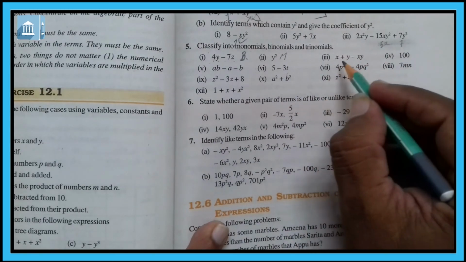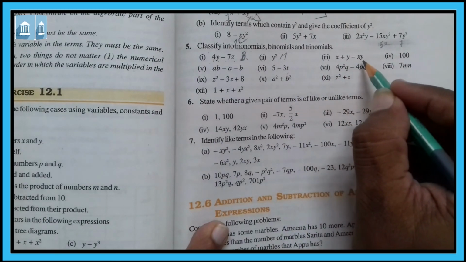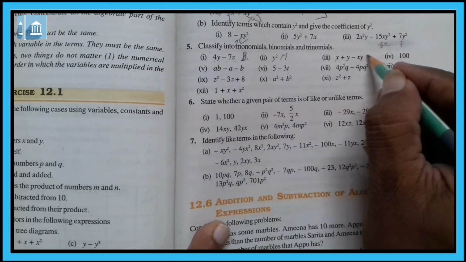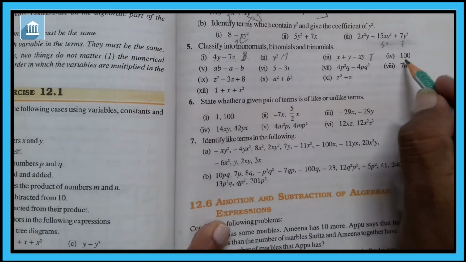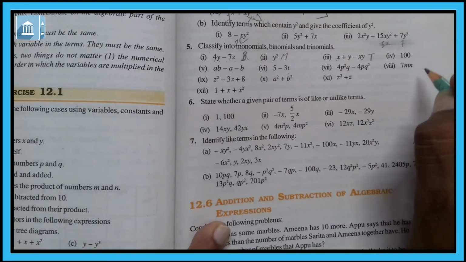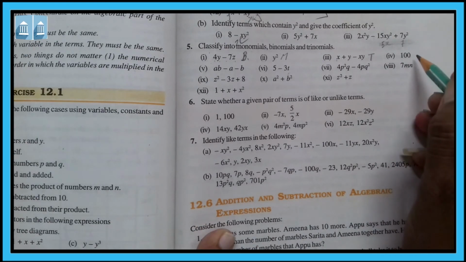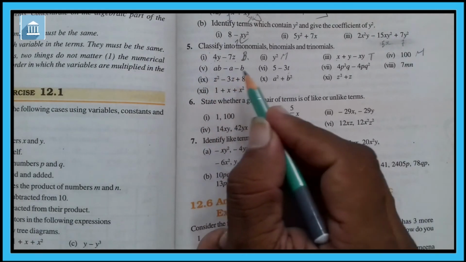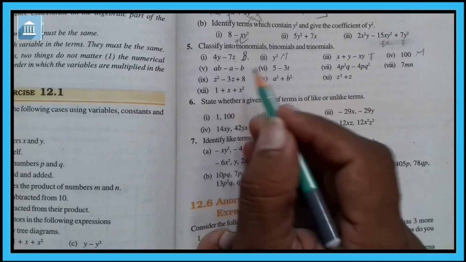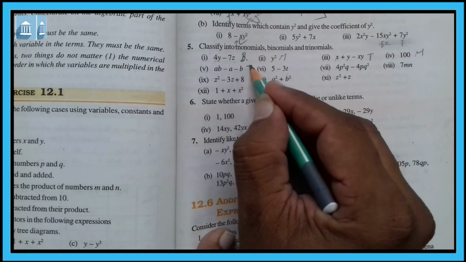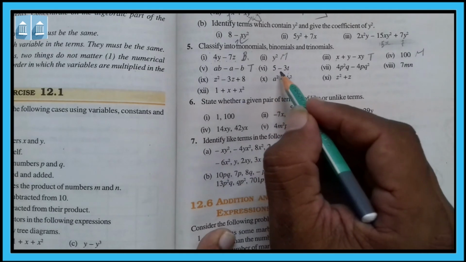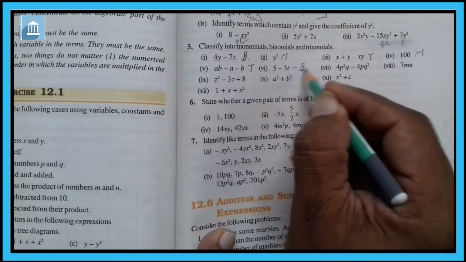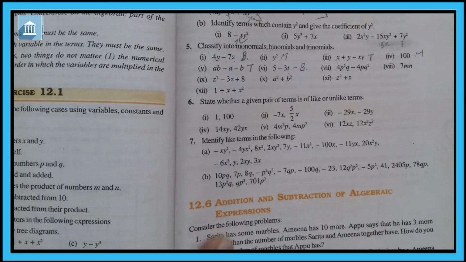Then the third one is x plus y minus xy, it has 1, 2 and 3 terms, so it is trinomial. Fourth one is just 100, so it is monomial. Fifth one again is ab minus a minus b, 3 terms are there, so it is trinomial. 5 minus 3t, 2 terms are there, so it is binomial.